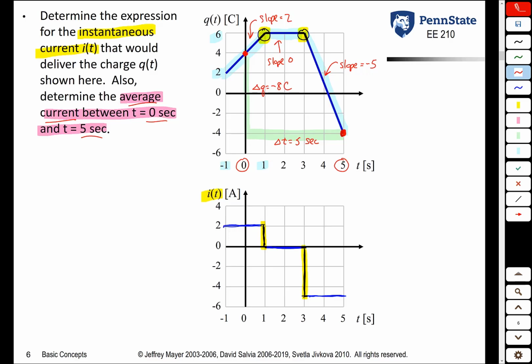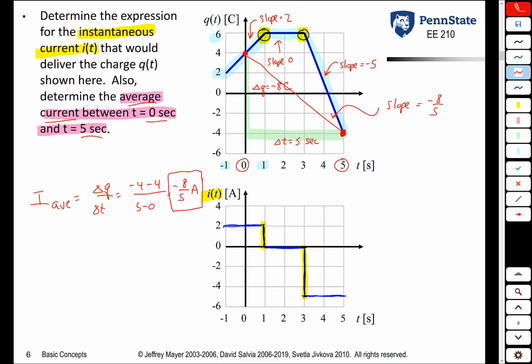it's 5 seconds. So once again, if we were to connect these and find the slope, it is nothing more than -8/5. So we know that I average, which is delta Q over delta T, is going to be -4 minus 4 over 5 minus 0, or -8/5 of an amp.